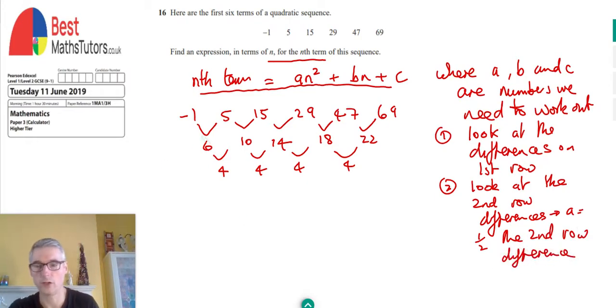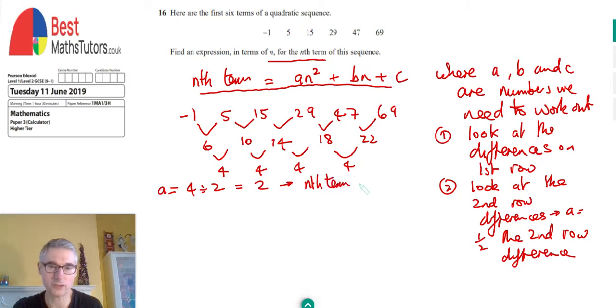So we divide that by 2, so a equals 4 divided by 2, which is 2. So we're partly along the way now. So we've got that the nth term is equal to 2n squared plus bn plus c.